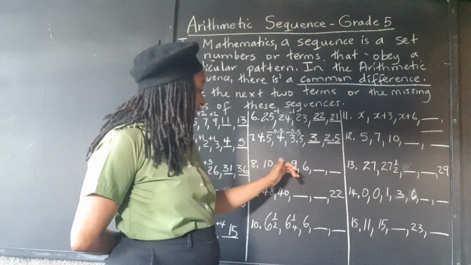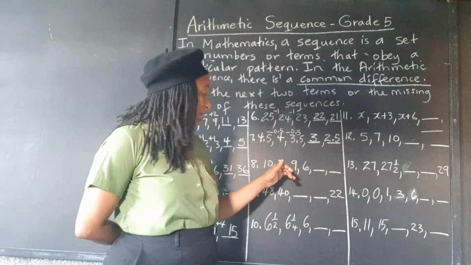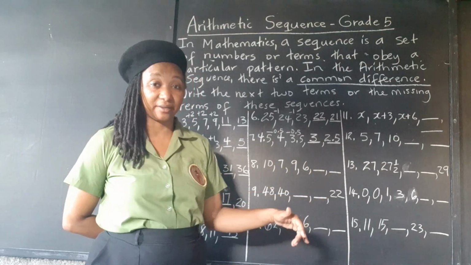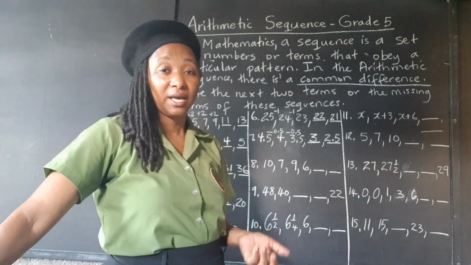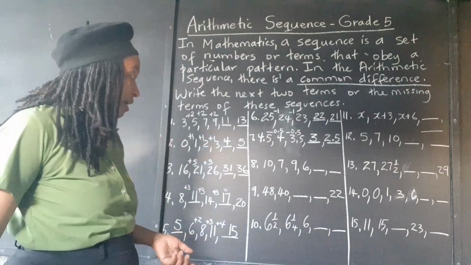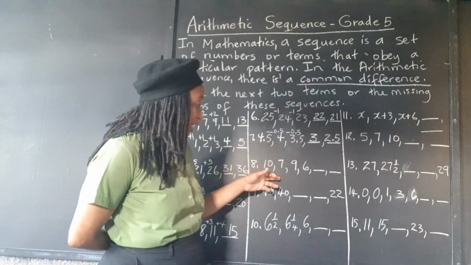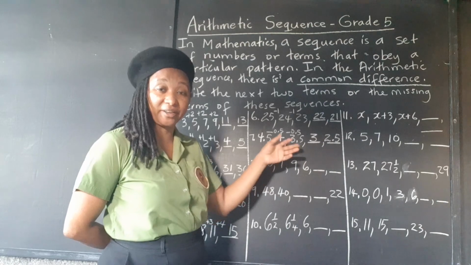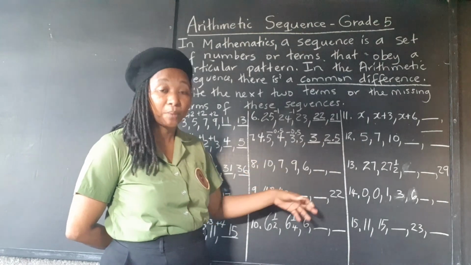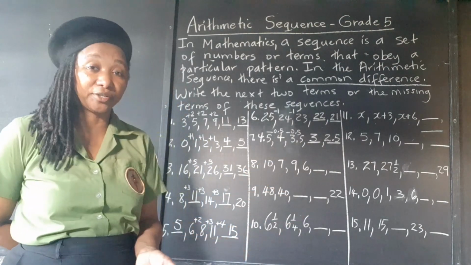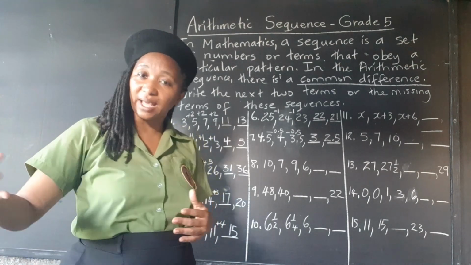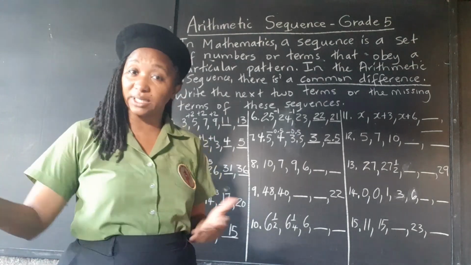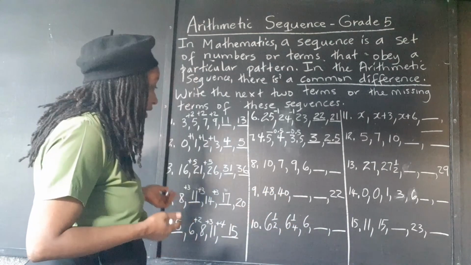But then 7 to 9, that's ascending. 9 to 6, that's descending. This is another one of the tricks that are used in the arithmetic sequence. They're taking something and then they're adding something and then they're taking something, but that's a pattern. So we need to figure out what are they taking and what are they adding, and we just continue that pattern.